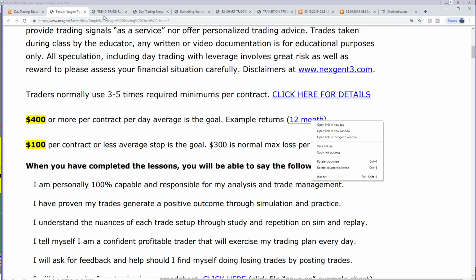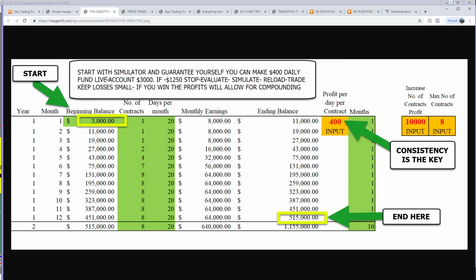I don't know of anybody who's day trading that the objective is not to make money. So our objective is to be able to take a $3,000 account, to not put more than $100 at risk on any crude oil position, and to ultimately make $400 per day per contract with high probability trades.